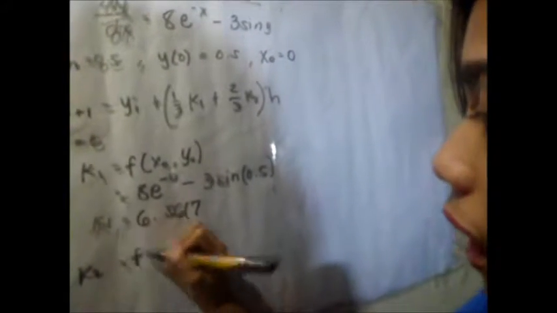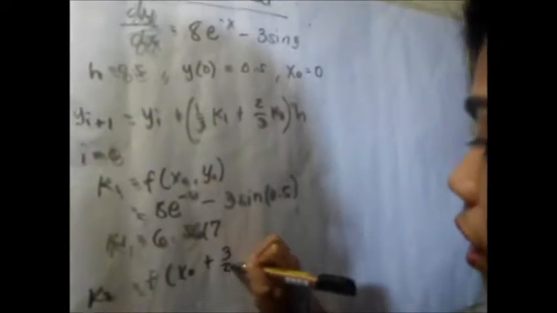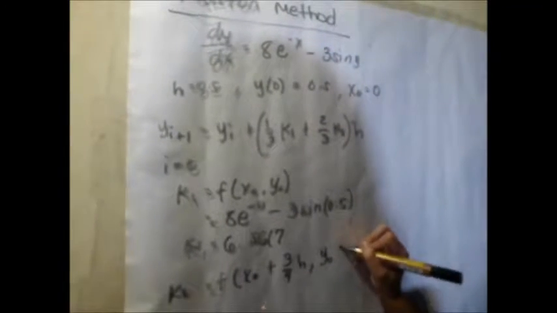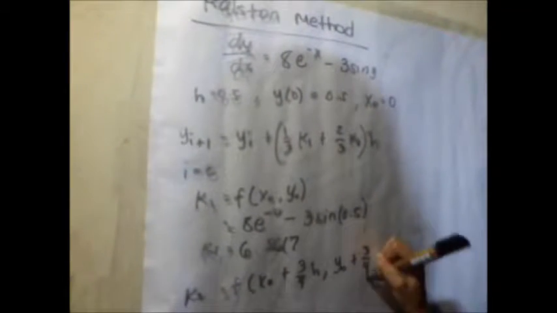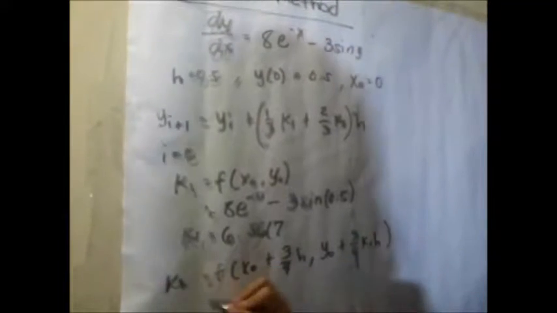For k2, we have f of x sub 0 plus 3/4 times h, comma, y sub 0 plus 3 over 4 times k1 times h. Again, substitute the values.